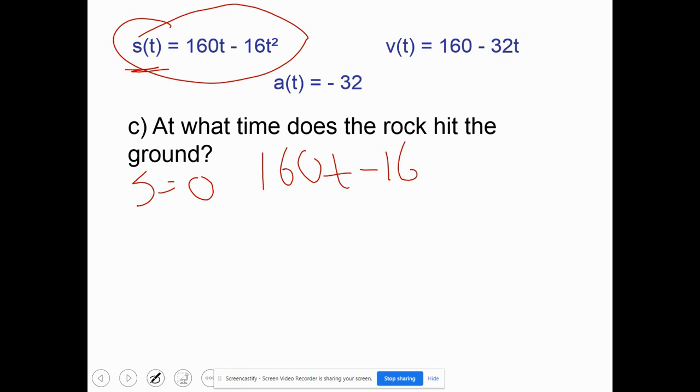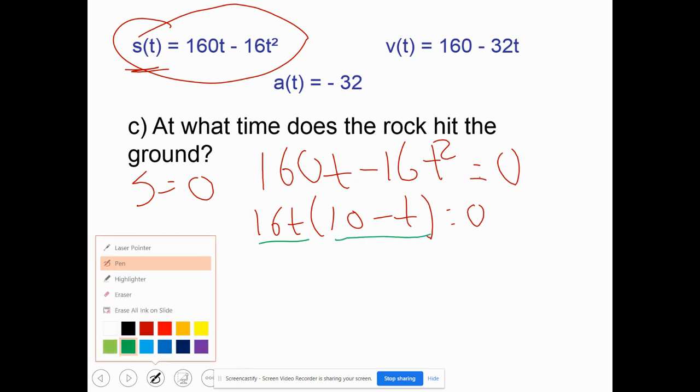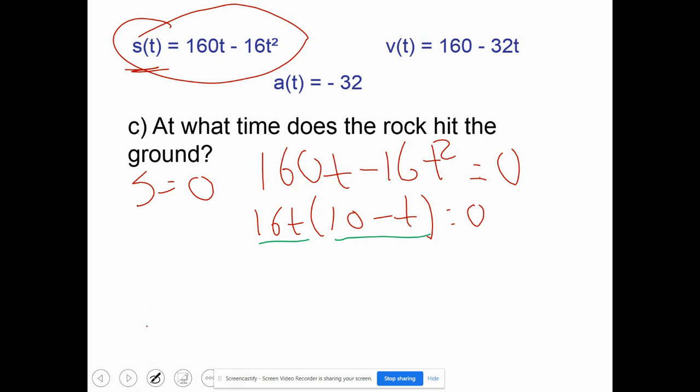160t minus 16t squared equals 0. 16t times (10 minus t) equals 0. Set each piece equal to 0. I get t equals 0 and t equals 10.